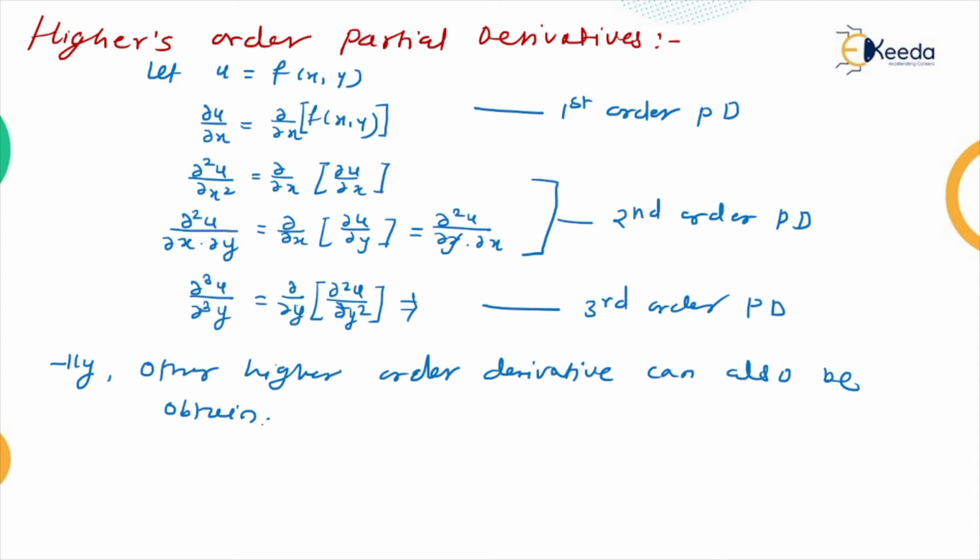So in this way you have to take the differentiation of u with respect to x first time, second time, third time, and so many times. Just observe here how many times derivative is taken.